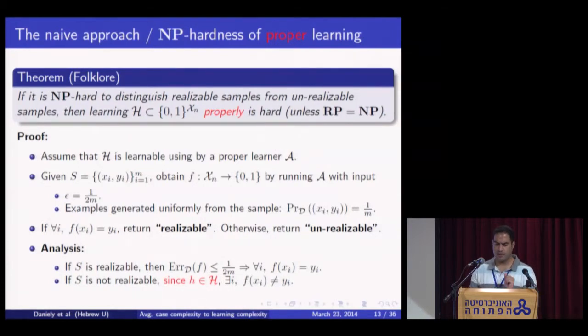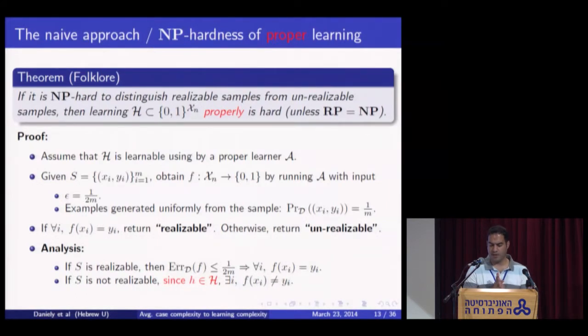So we assume that the problem of distinguishing realizable samples from unrealizable samples is hard, and toward a contradiction, I assume that there is a proper learner A that learns the class H efficiently. I'll derive a contradiction by showing that we can find an algorithm that distinguishes realizable from unrealizable samples. Given a sample, we will simply run the algorithm A on this sample and obtain a function f.